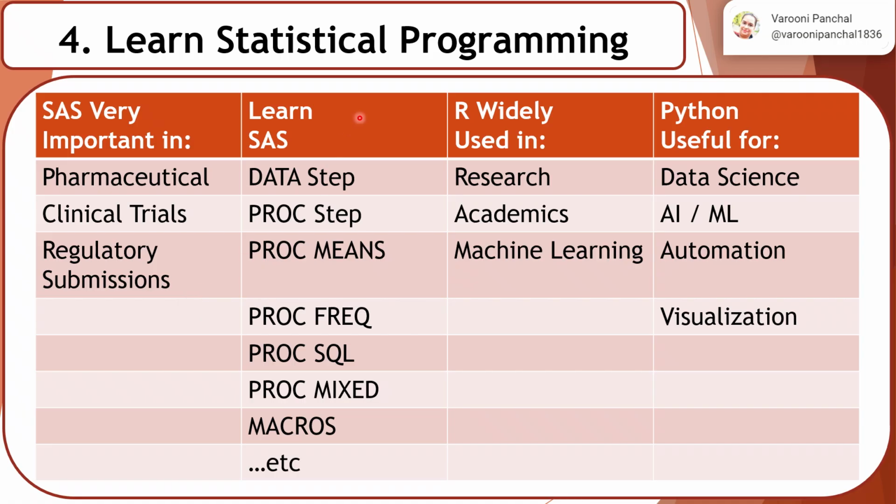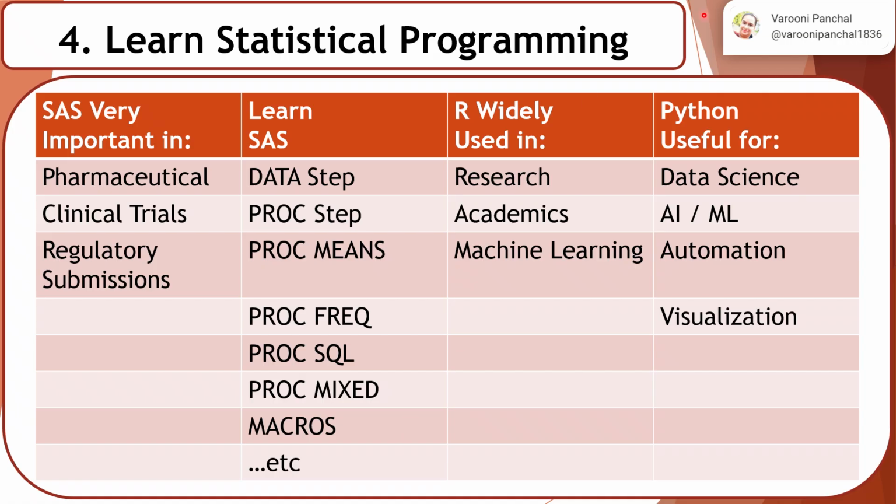Then you can learn SAS through various kinds of procedures, like what is the difference between data step and proc step, then what are the different proc steps, whether it's means, freq, SQL, mixed, then what are macros, then what are simple macros, what are nested macros, how do you debug these macros. So all these concepts you need to learn.